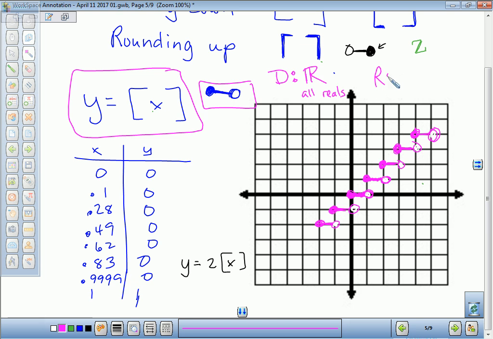Okay, now the range. Your output, your y's. -2, -1, 0, 1, 2, 3, 4. What kind of numbers are those? Integers. Greatest integer. They're integers. Okay, so this is the set of integers.